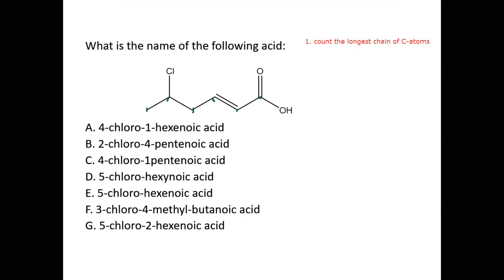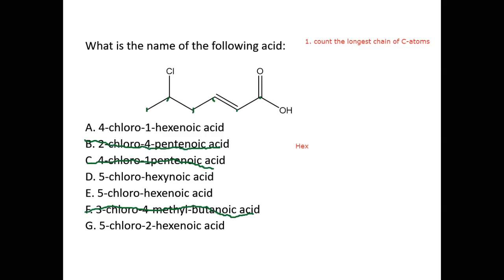So we got 6 carbons. So we're going to be using hex. So all the ones that don't have hex in it, we can get rid of. So we can get rid of B. It doesn't have hex in the name. We can get rid of C. It doesn't have hex in the name. We can get rid of F. It doesn't have hex in the name.